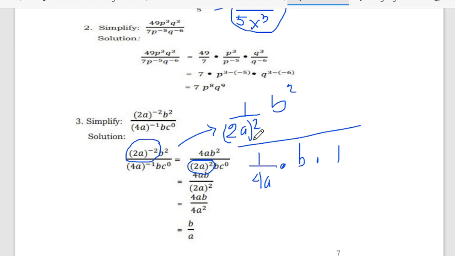So, from here, ito muna. Baliktarin natin, this will become 1 over 2A squared magiging times, ito baliktarin natin, this will become 4A.